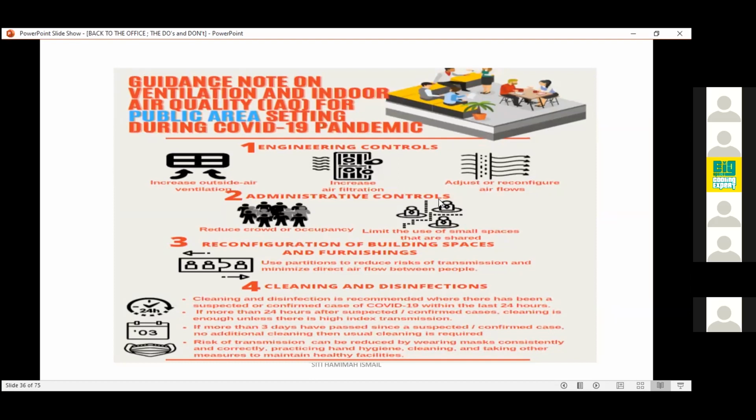Last night I just passed by a steamboat restaurant. Oh my god, there's a lot of people inside without even social distancing. Okay, because that is small spaces, it's the shop houses.